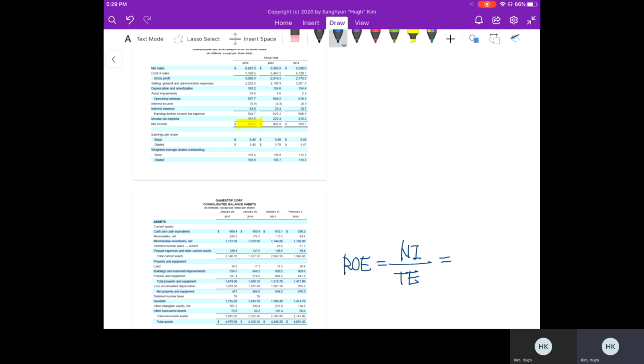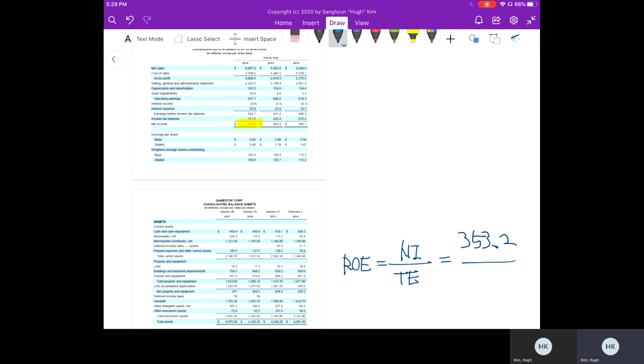Net income is 353.2. If the numbers are too small to see on your screen, please see our lecture notes. I have my lecture notes on my laptop here.